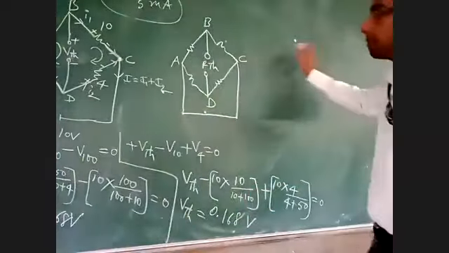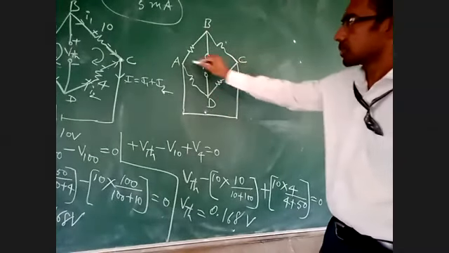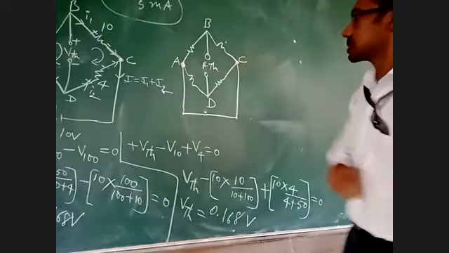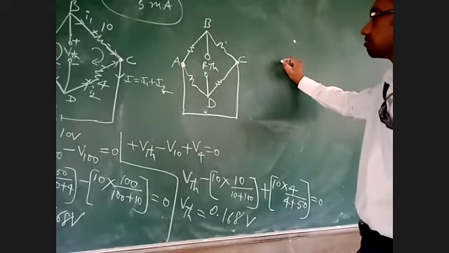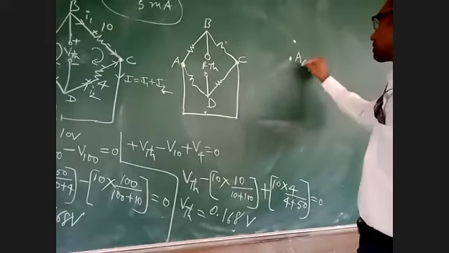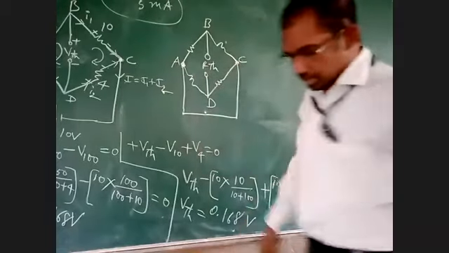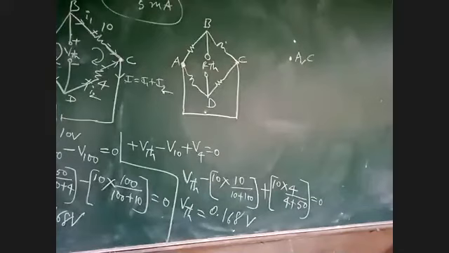Now see here, this is A, B, C, D. I am taking point A and point C as a single point. Why am I taking A and C as a single point?